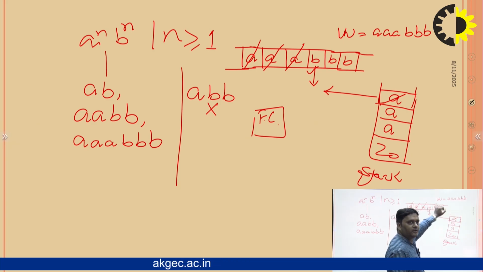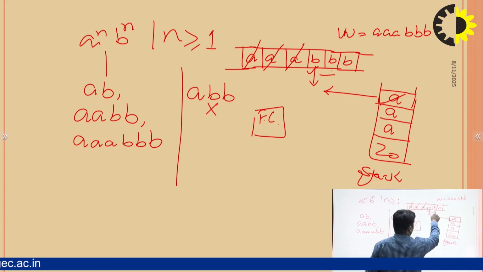When we get the first b, then pop a single a. Now move to the next state.